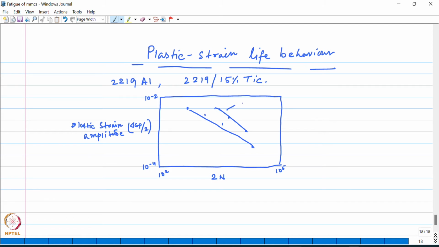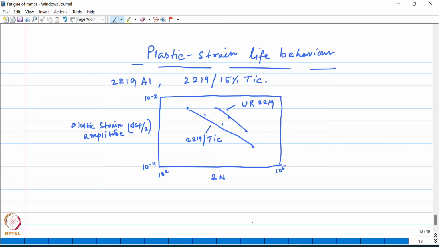So this upper one is for the unreinforced 2219 alloy, and this one is for the 2219 TiC composite. Okay, so here you could see that the fatigue resistance of the composite is much inferior compared to that of the unreinforced alloy. Okay, and as the plastic strain increases, the difference in the fatigue life also becomes more pronounced.